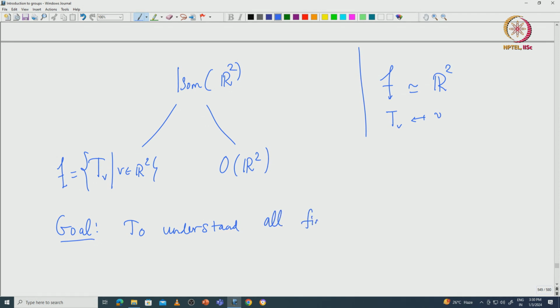all finite subgroups of these isometries of R2. We want to look at all possible finite subgroups of isometries of R2.